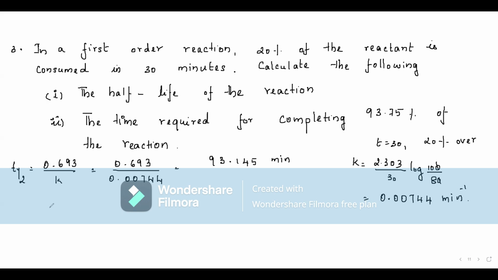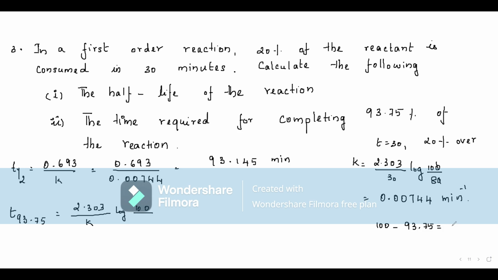Second part of the question is time required for 93.75% completion. All right. So T93.75 will be 2.303 by K log 100 by what remains. 93.75 is over, so 100 minus 93.75 will remain.